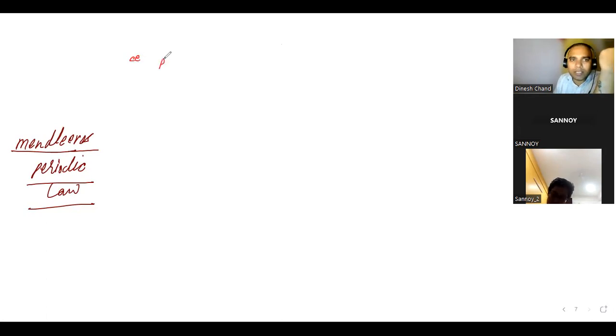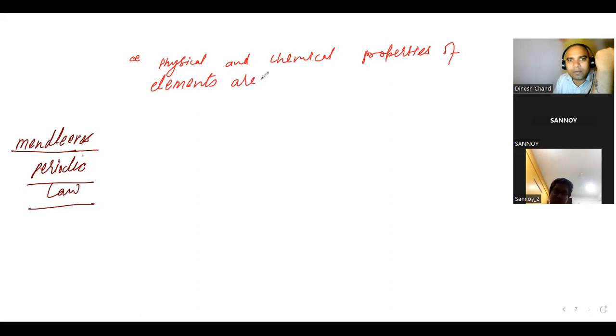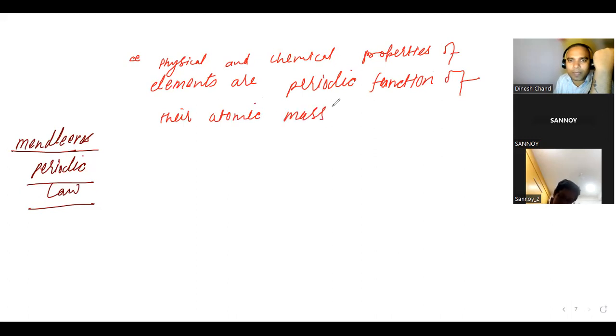So see, he said the physical and chemical properties of elements are a periodic function of their, can you tell me what will come, atomic mass. Physical and chemical properties of elements are a periodic function of their atomic mass.